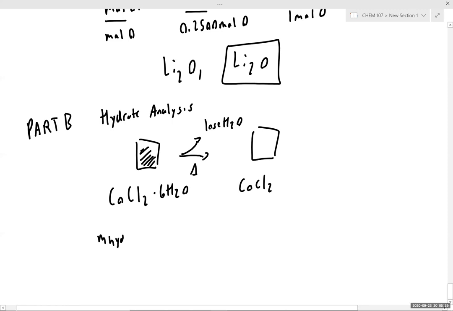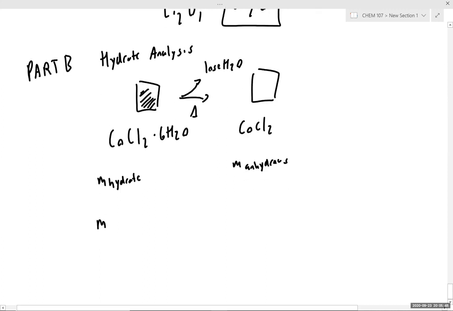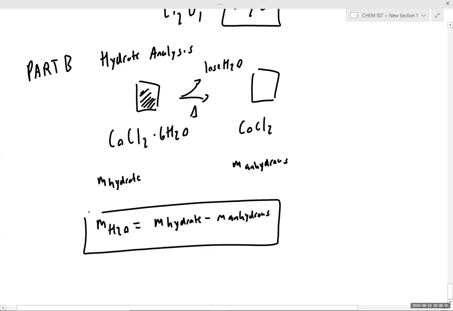We can record the mass of our hydrate and the mass of our anhydrous form. We know that the mass of water is equal to the mass of our hydrate minus the anhydrous form. That's what we established for our hydrate analysis.